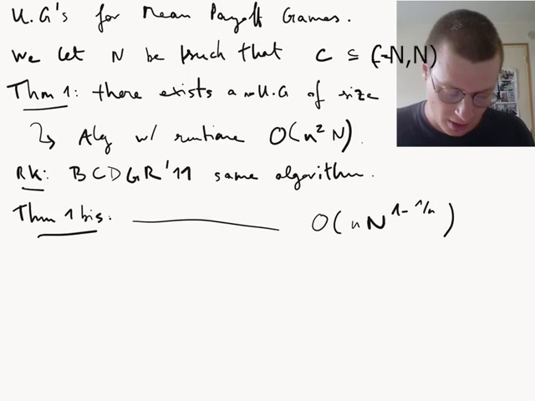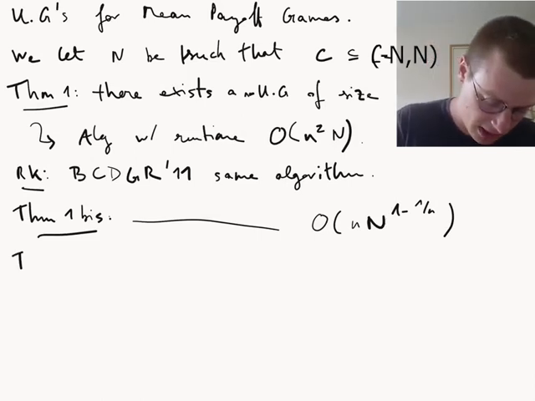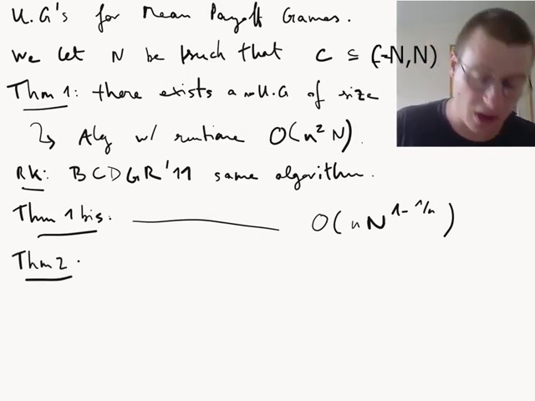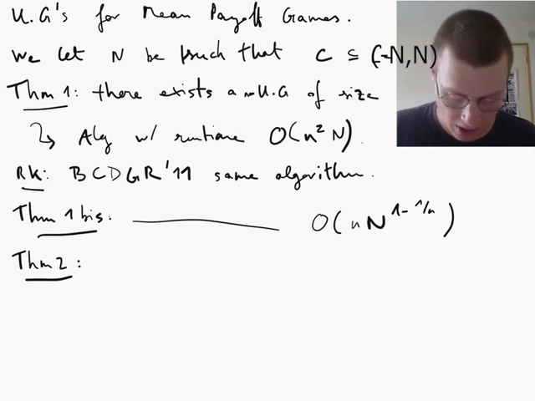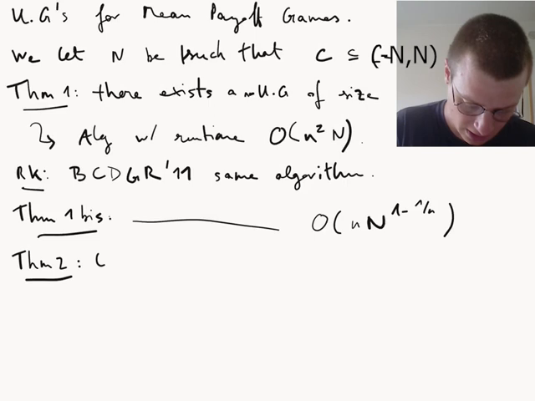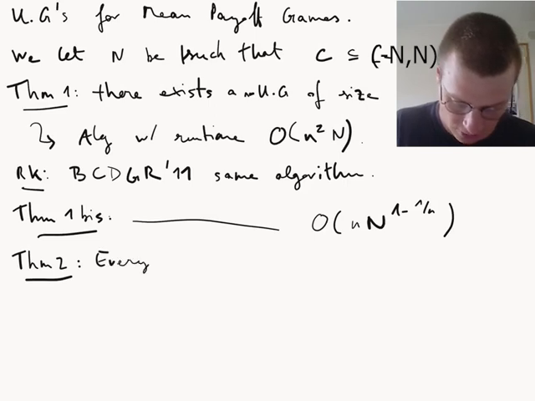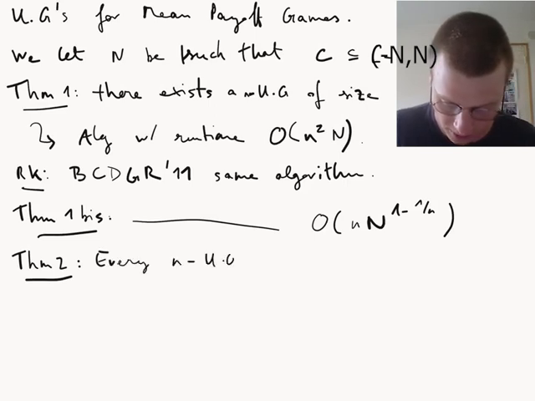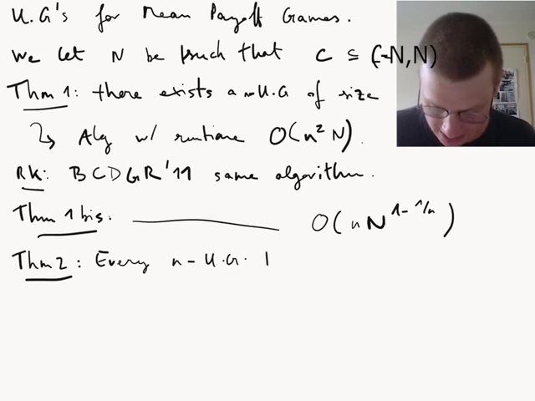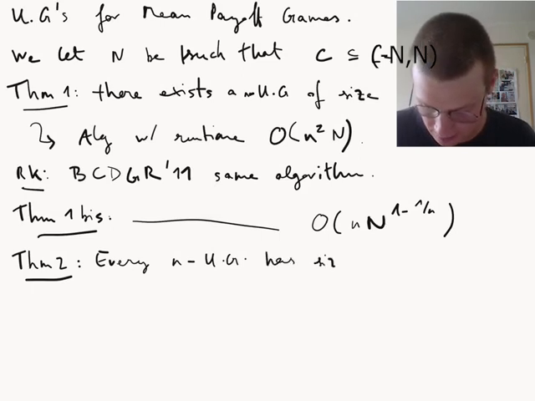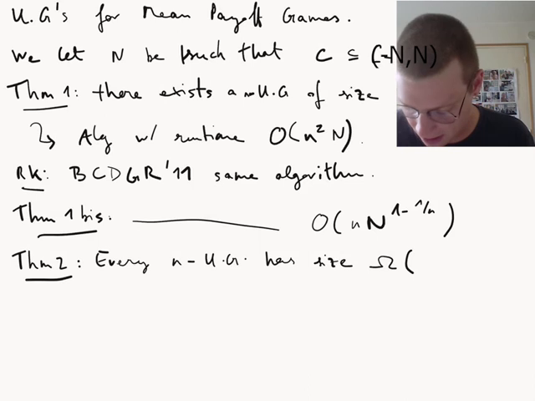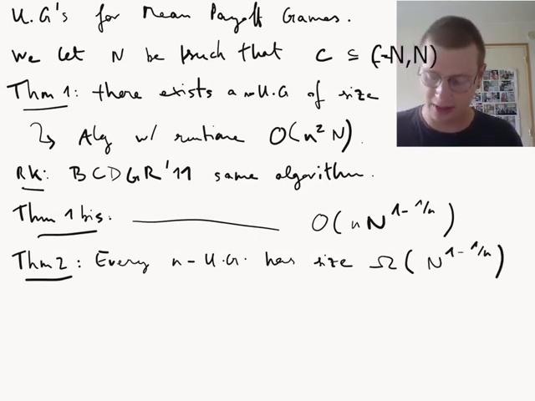Then our second theorem is a matching, or almost matching, lower bound that says that every n-universal graph for mean payoff has size at least omega of this n to the 1 minus 1 over n.